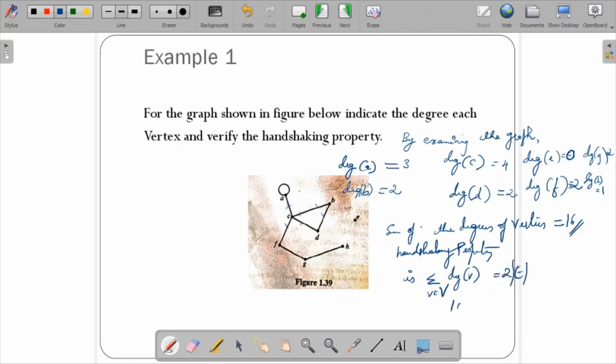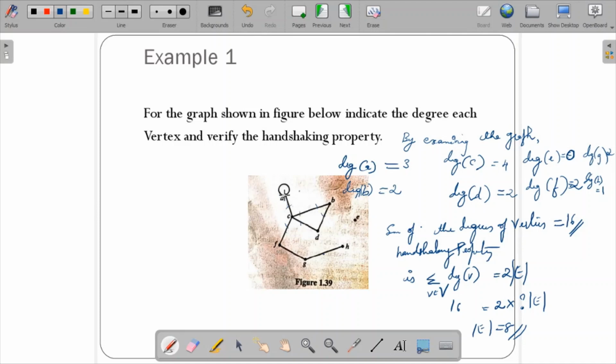So we know this is 16 and we know this is 2. So 2 into what will give you 16? The number of edges would be 8. So it is actually satisfying, because 16 is nothing but 2 into 8, and if you count here also, you'll get 1, 2, 3, 4, 5, 6, 7, and this is taken as 8.